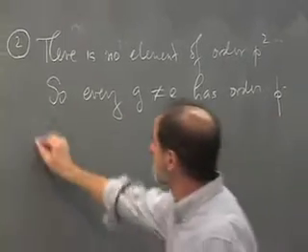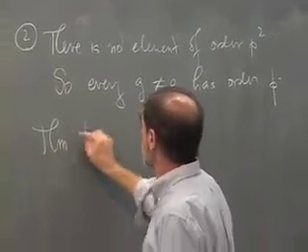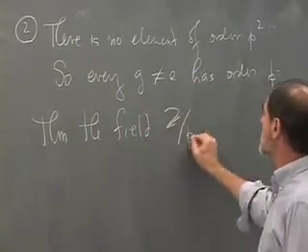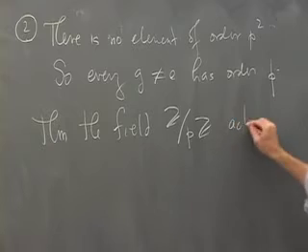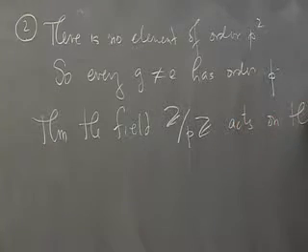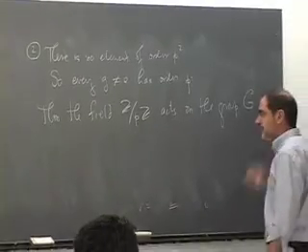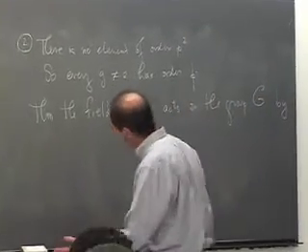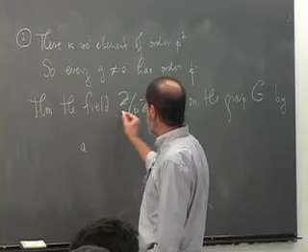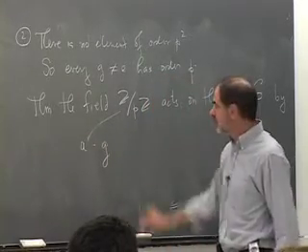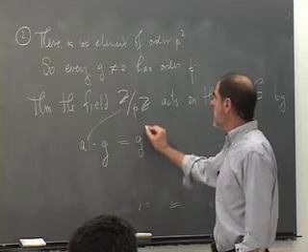Then the field Z mod pZ acts on the group G by, well, I could say a in this field times an element g in the group is g to the a-th power.